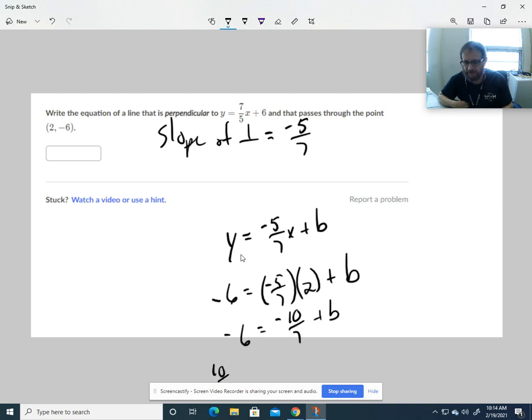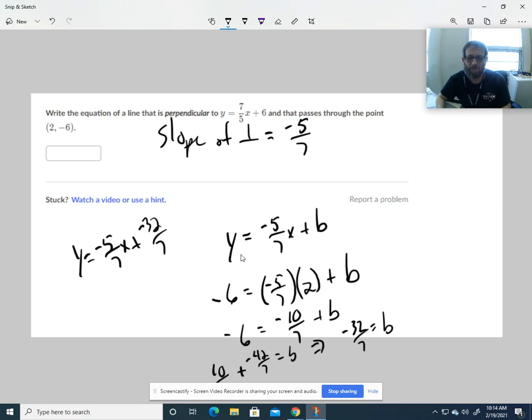You're going to add 10/7, and that's going to be added to -42/7 because I got a common denominator. And that gives me -32/7 for b. And so my equation is y equals -5/7 x plus -32/7.